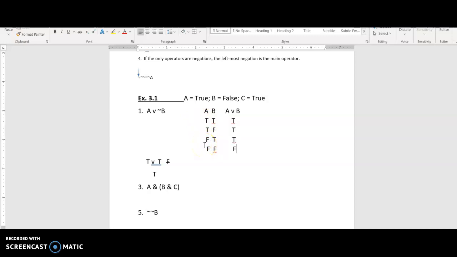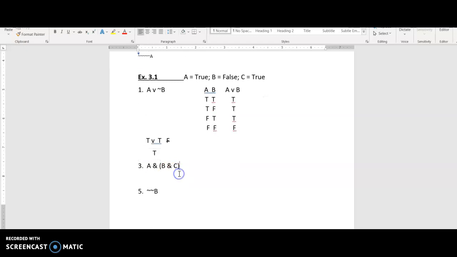That's all the possibilities. So here we ended up with A, which was true, and not B, which was true. So we had T and T, which means we were basically on this line of the truth table. And when both disjuncts are true, the whole thing comes out true. So the answer for number 1 is true.